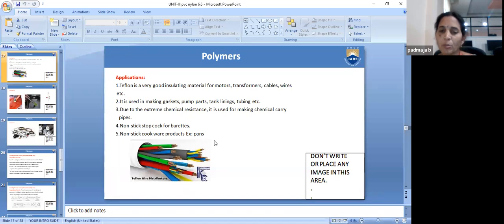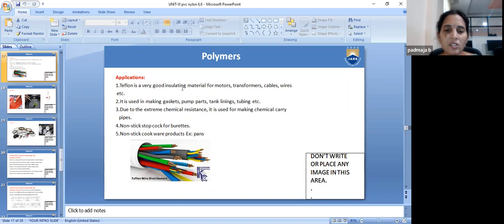Uses of Bakelite are different. We will use it as water ion exchanger, anion exchanger resin, in paints, varnishes, wood laminates, glass laminates, and as electrical insulator, switches, switchboards.